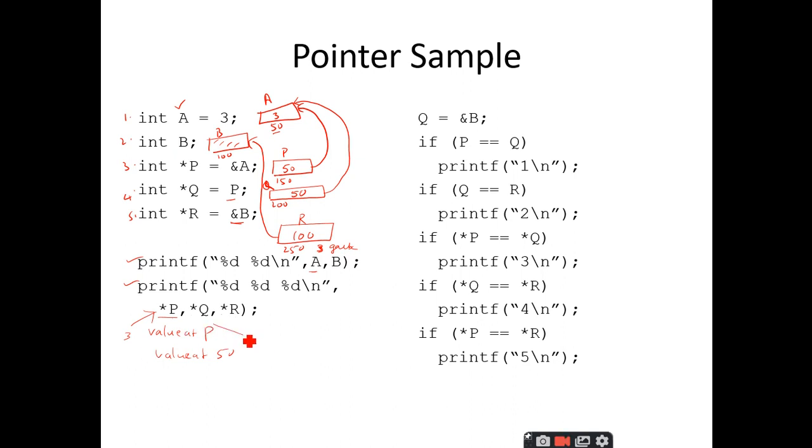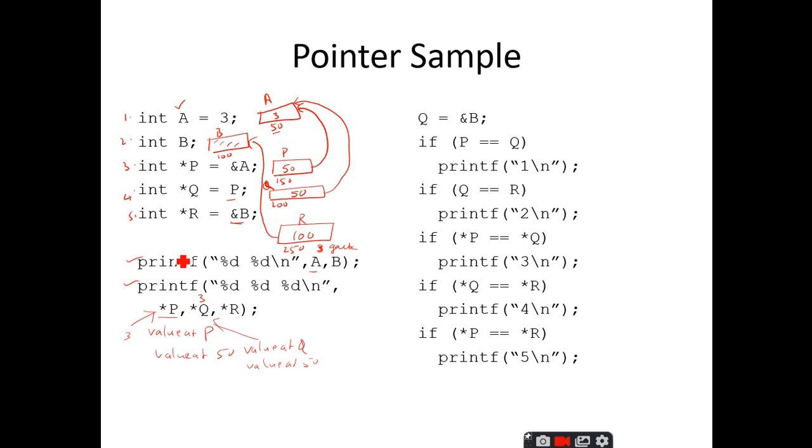What about *q? *q is nothing but value at q. What is the value of q here? 50 only. So what is the value at 50? It is 3. So *p and *q result in printing 3. What about *r?